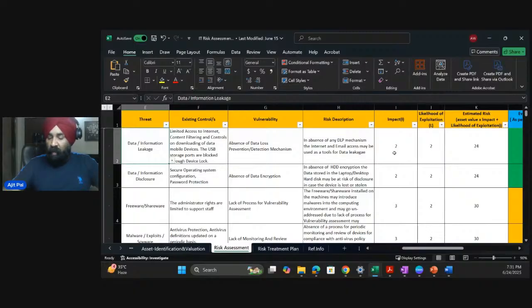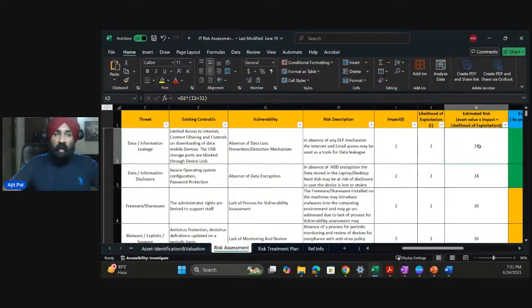The expert says, okay, impact is two. So many people will give their views, and then you will pick up the final values, and that will lead to this likelihood into impact. Then you will take asset value into likelihood into impact, and you will come across this value of risk, which is 24.